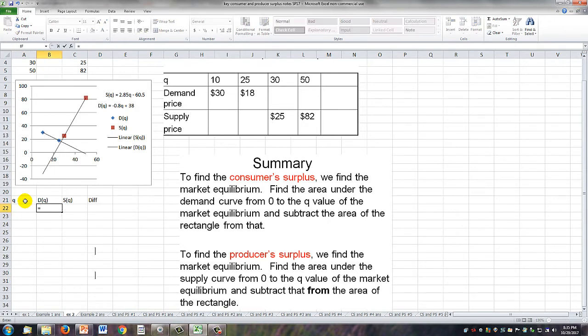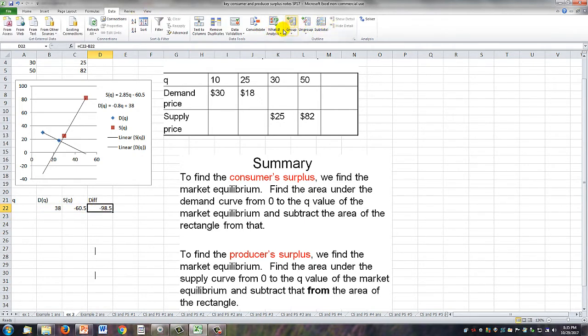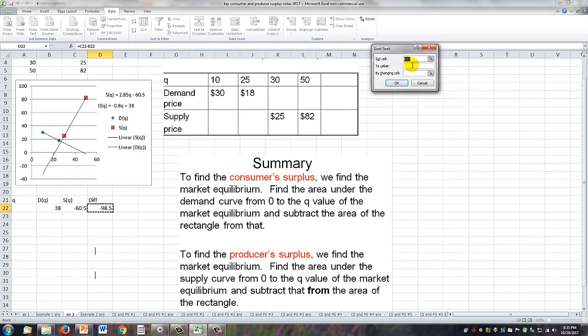My demand curve is negative 0.8 times Q plus 38. My supply curve is 2.85 times Q minus 60.5. My difference is supply minus demand, and I'm going to goal seek this difference column to 0.